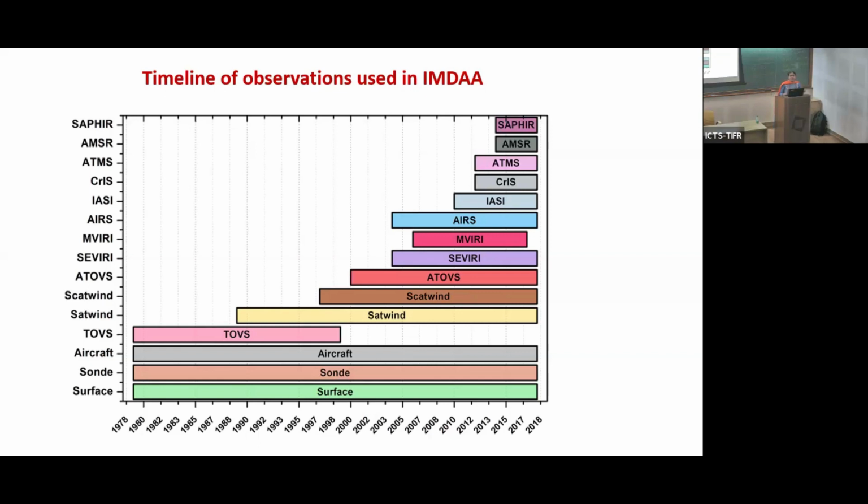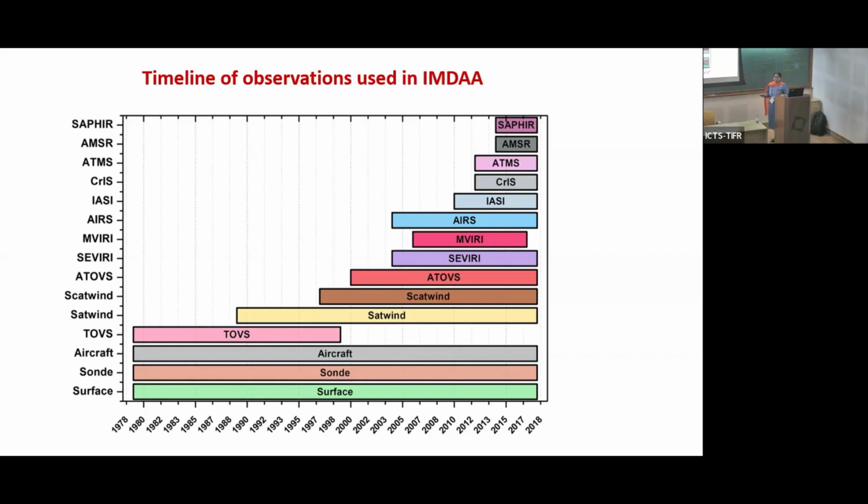Even ERA5, I think now they have extended historically from 1950, but initially it was also from 1979, and now they are running the back years too. So throughout the period of any reanalysis, we can at least use the surface and sonde observations and the aircraft observations. These are the 3 conventional observations we use throughout the period.